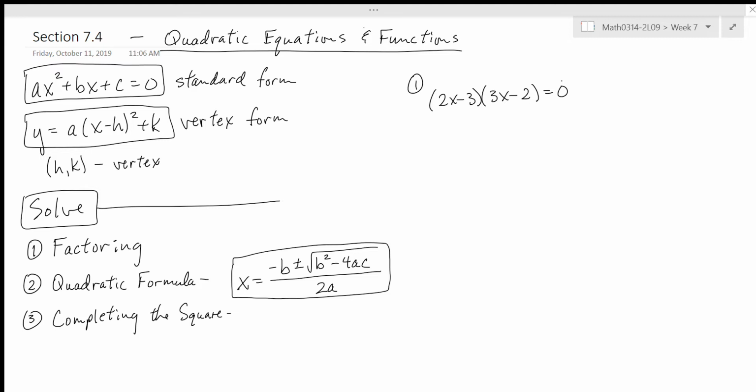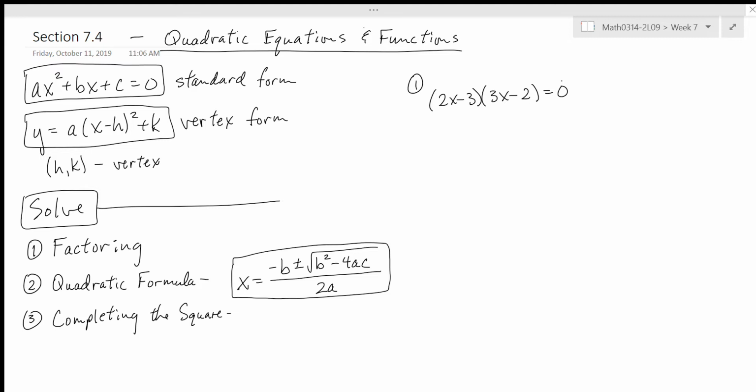They want me to solve for x. So the first thing that we want to notice is that the equation is equal to 0. Did you notice that? And also notice that it's not in standard form because I don't see the individual terms. What I see is factors.